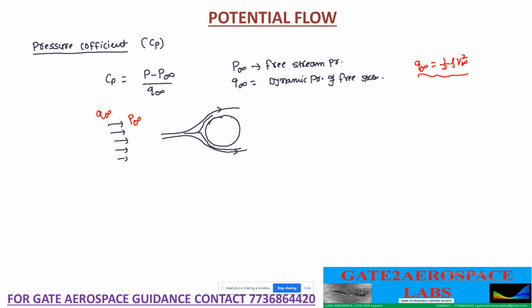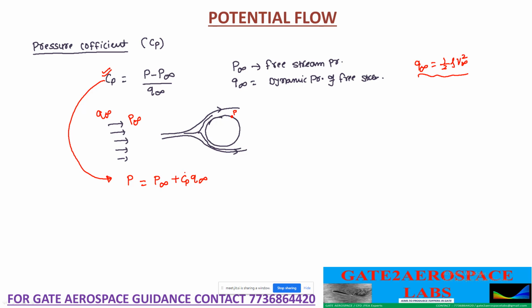Then, if you want to know what is the pressure at this point, how can we tell? This Cp will help us there. If you rearrange this term, you can write this as pressure at any point. Let's say if you are interested to find the pressure at this point, it will be equal to free stream pressure plus Cp into Q infinity.